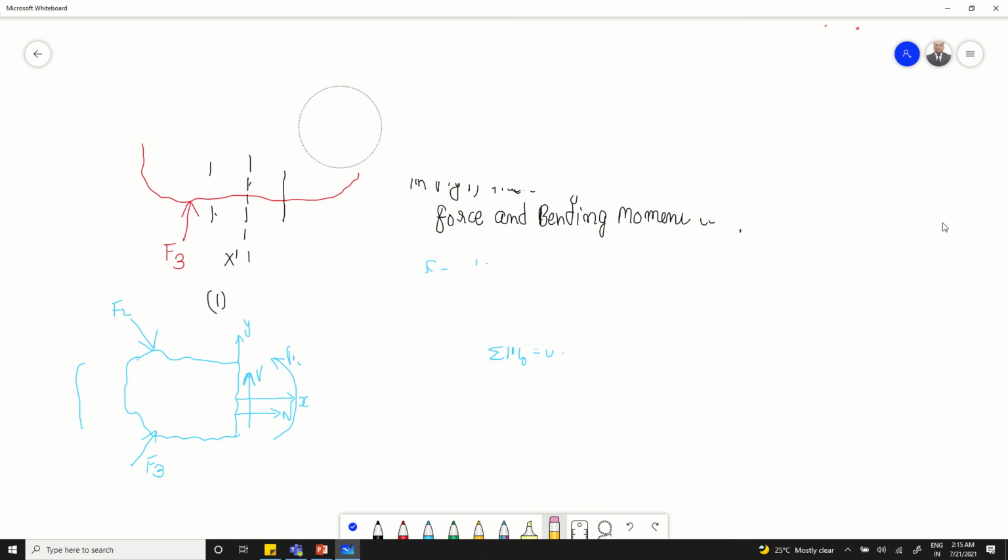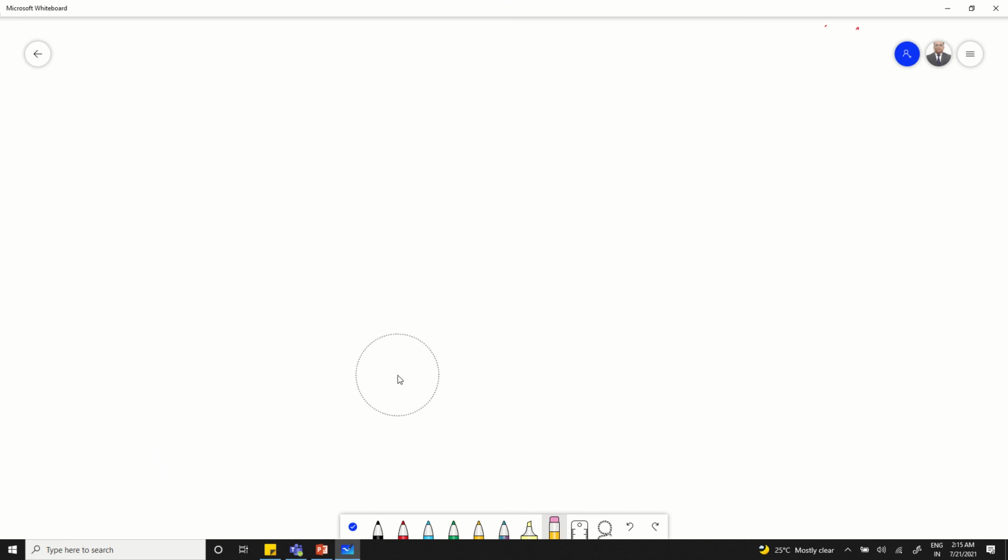We'll just quickly take a very small problem, a cantilever beam which is subjected to a triangular load. Let us name this practice problem number 1.